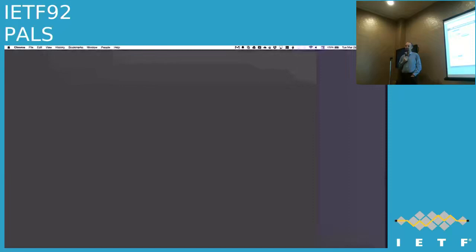So what this is about is defining the behavior of SBFD on the VCCV channel for signaled and for static pseudowires. Slightly unconventionally, it covers both the L2TP case as well as the MPLS PSN case. RFC 5885 covers this, but we don't very often talk about it in this working group.